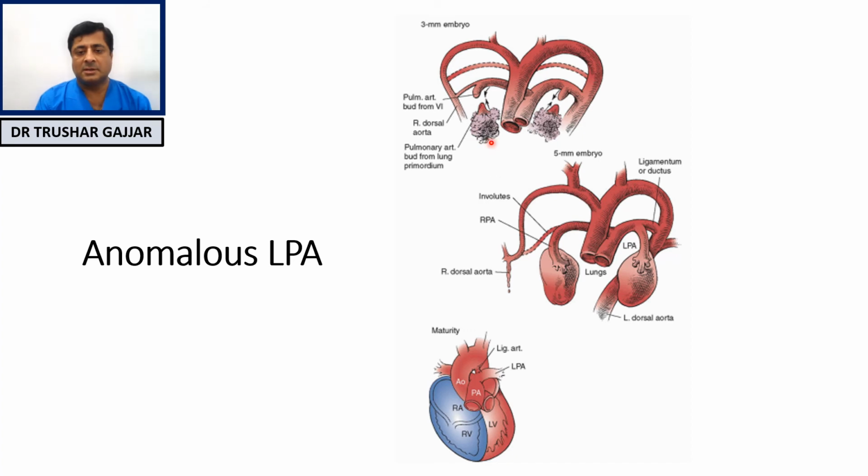So on either side from the lung, the pulmonary artery comes out and it fuses with the sixth arch. So this is how it forms a pulmonary artery. And the right distal sixth arch will disappear and this will form the pulmonary artery. But on the left side, it will be patent and will form the PDA.